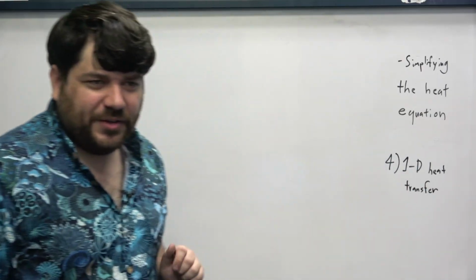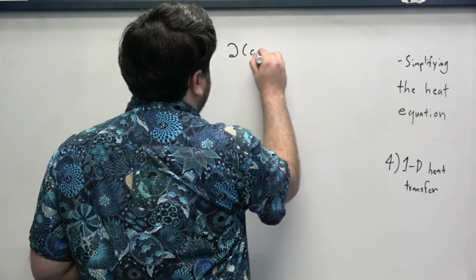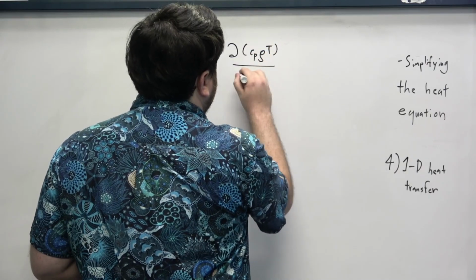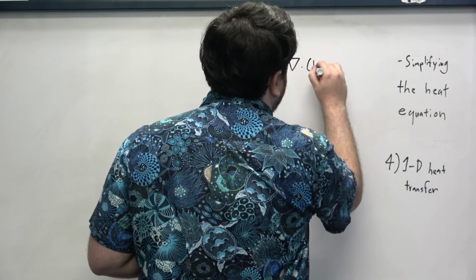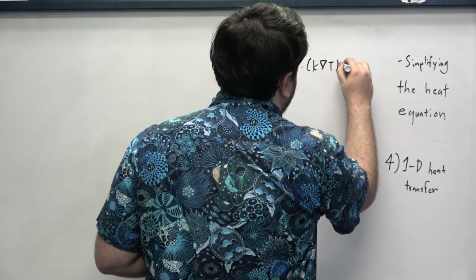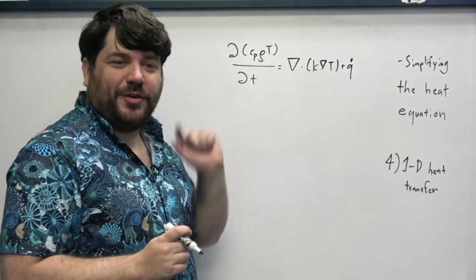And the reason that we're going to assume this when we write down the heat equation is because it simplifies what is perhaps the most complicated term inside of the heat equation, which is this term right here, right?